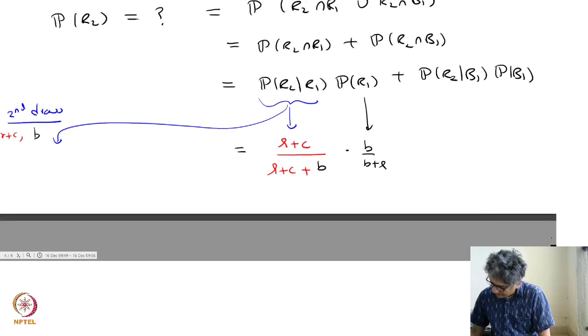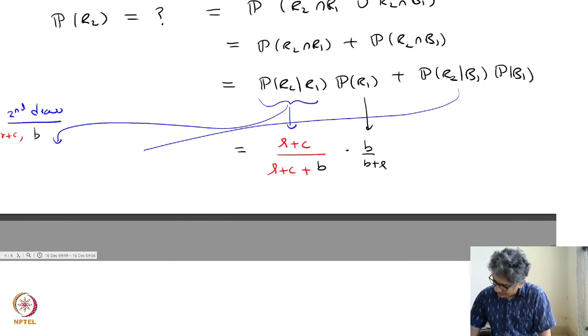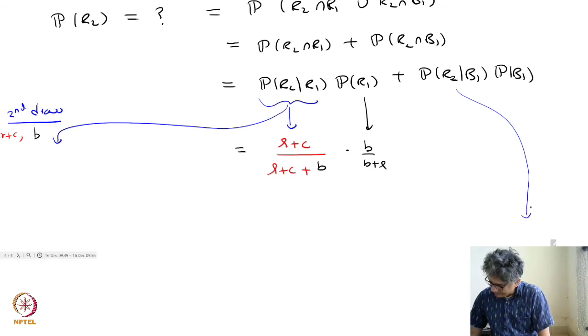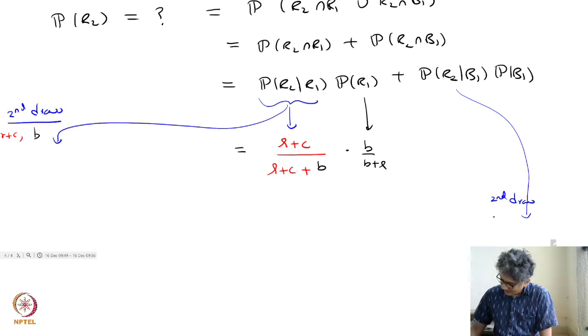Now, if I come down this way, for this branch, in the second draw, what do I have? I've chosen B1, which means I've chosen a black ball in the first draw. That means I have R red balls and I have B plus C black balls.